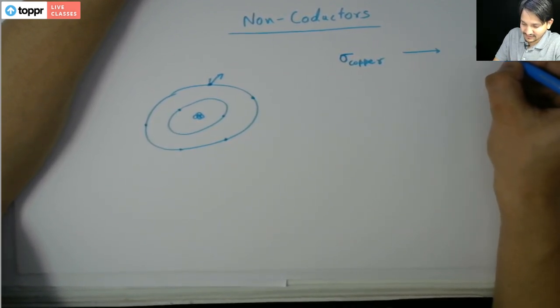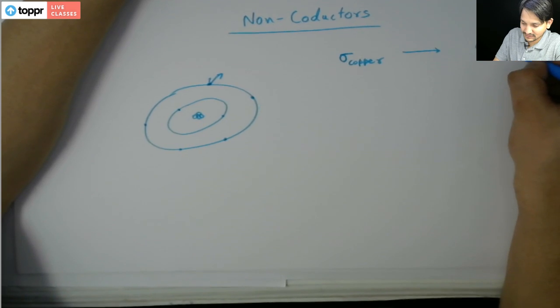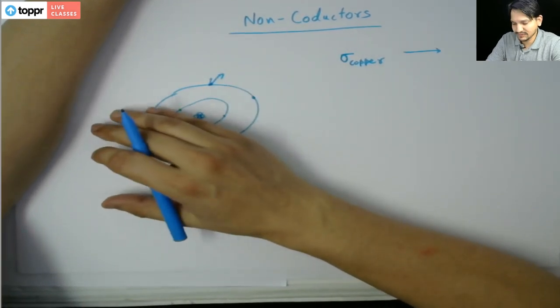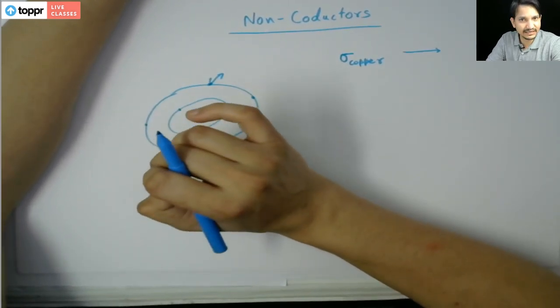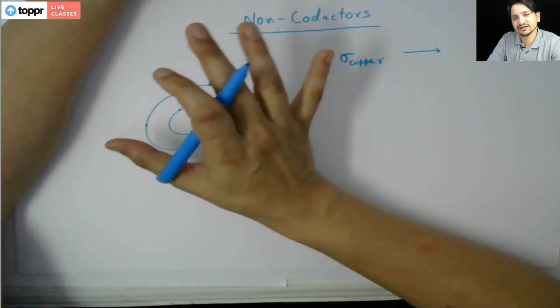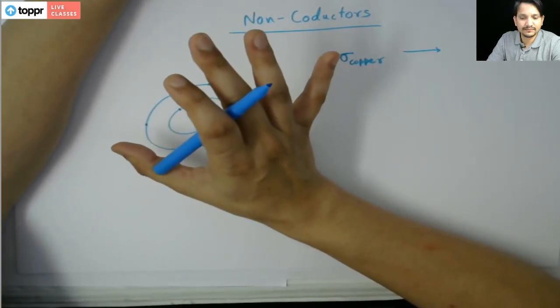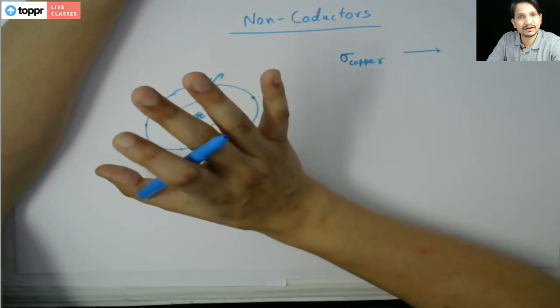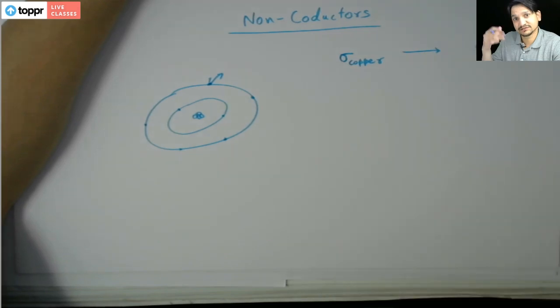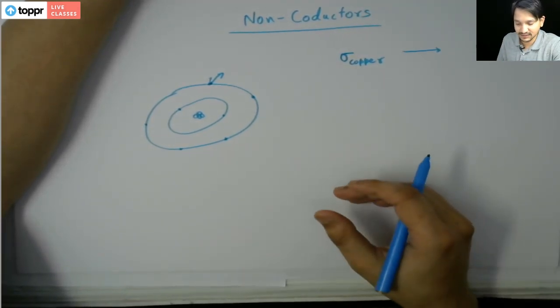You might have heard about this matter. Fused quartz is supposed to be a very, very good insulator. It doesn't allow electricity to pass even at a very high electric field, provided this is below the extremely high range where everything is conductive.